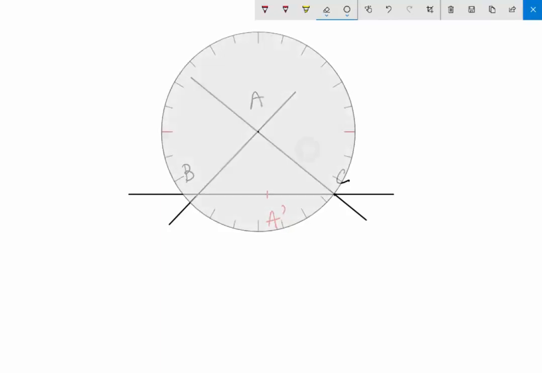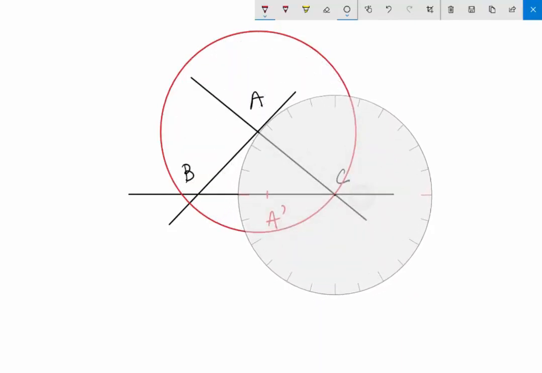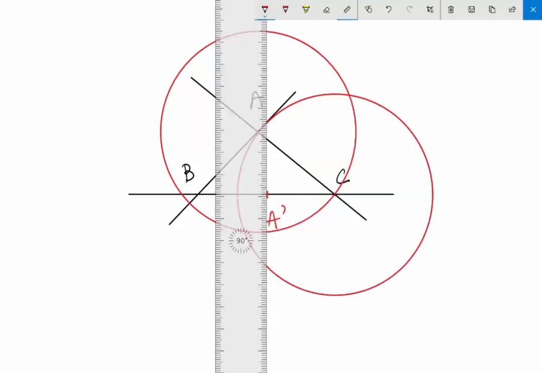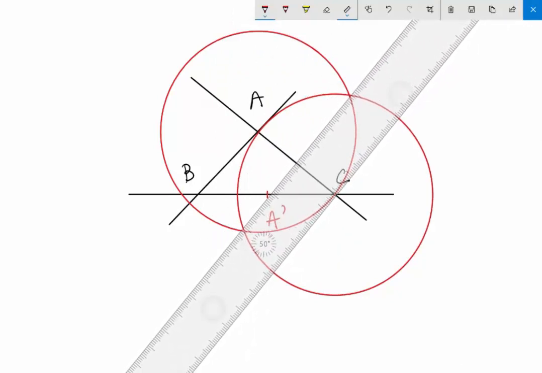So take your compass and draw the circle centered at A and passing through C, and then the circle which is centered at C and is passing through A. Take your ruler and find the line passing through the point where the two circles meet.